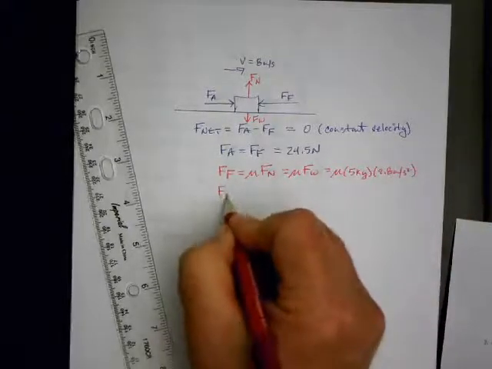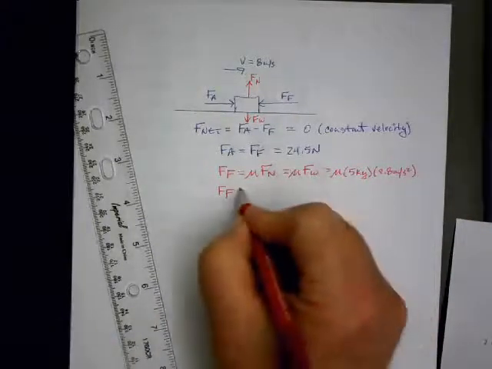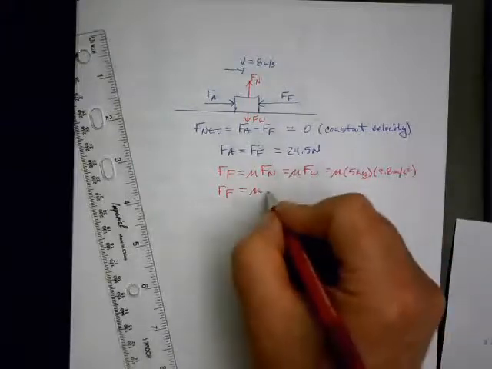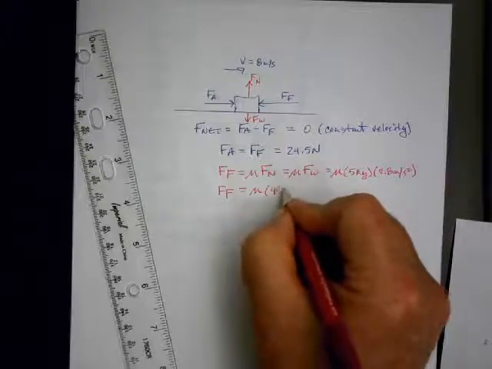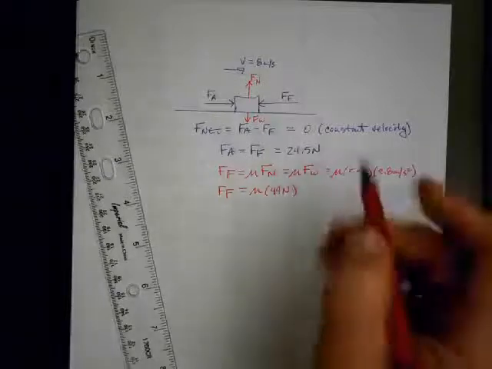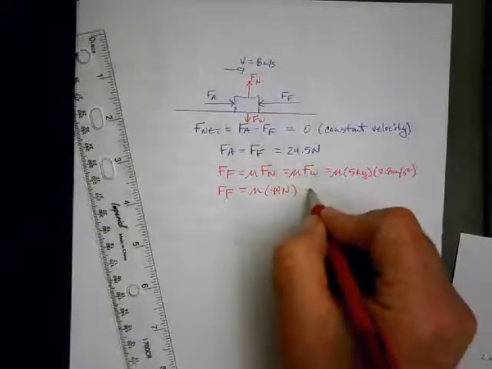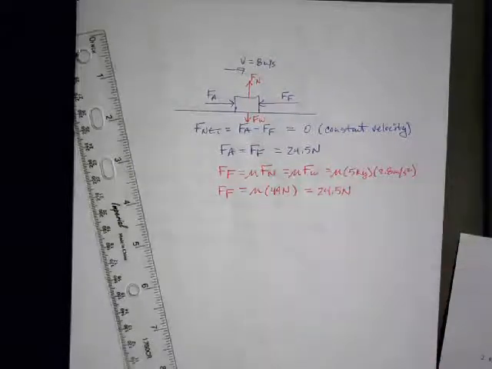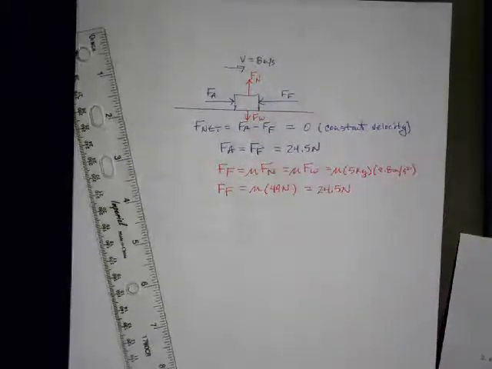And let's see that. 49 newtons for my FW. But we've already found out from our FNet that it has to be 24.5.